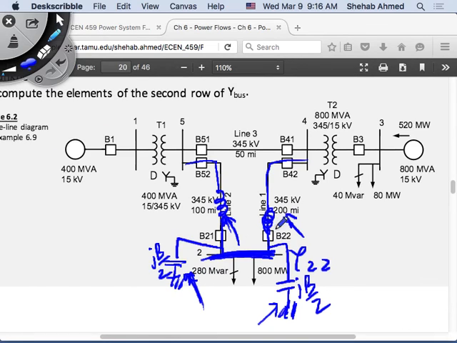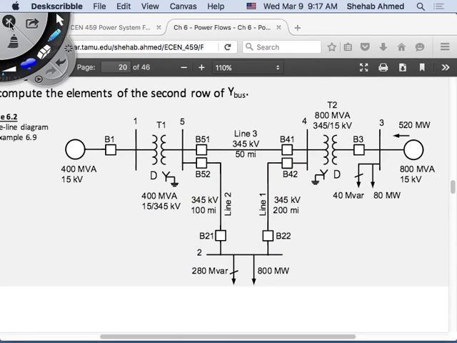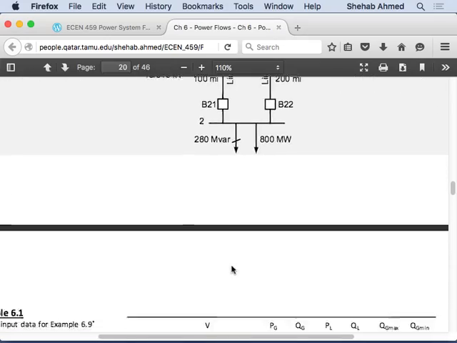And then for Y24, it will be the negative of this admittance. And Y25 will be the negative of this admittance. So now I have the 3, and I found what the 3 are, all based on the data from the table.